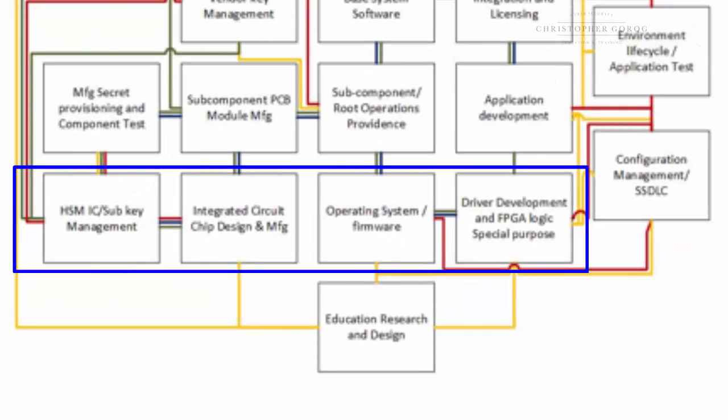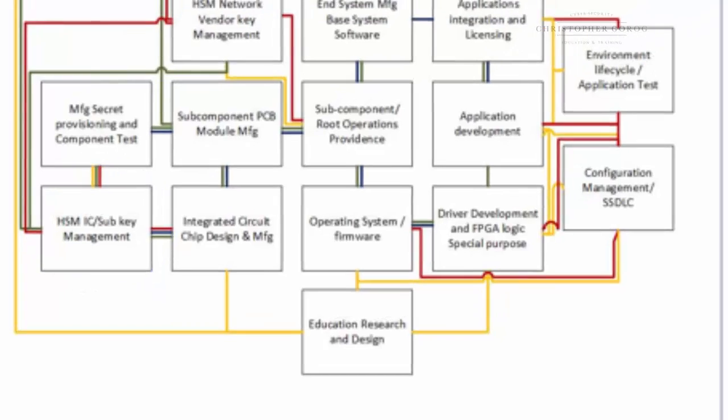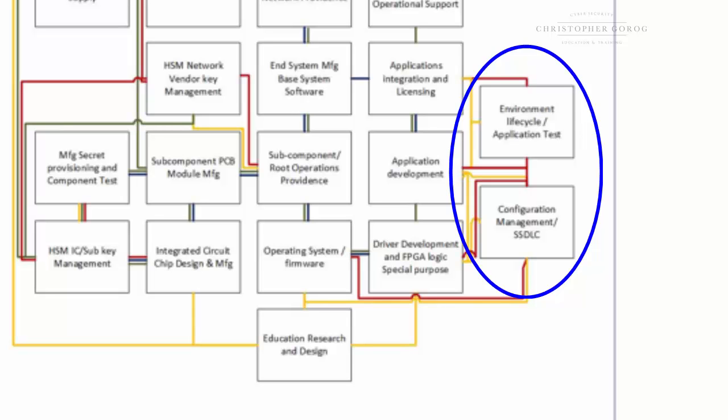Then the next row up is defined by the device drivers, the integrated circuit manufacturers, the operating system and firmware development, and the control of those root secrets that start the trust of these products at this level.